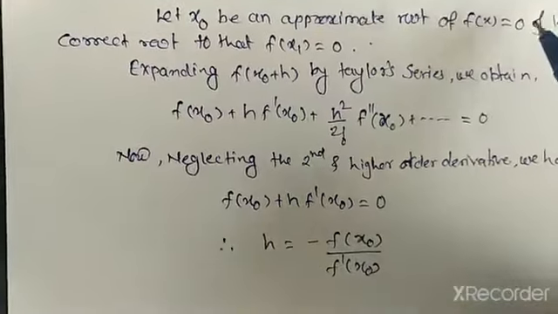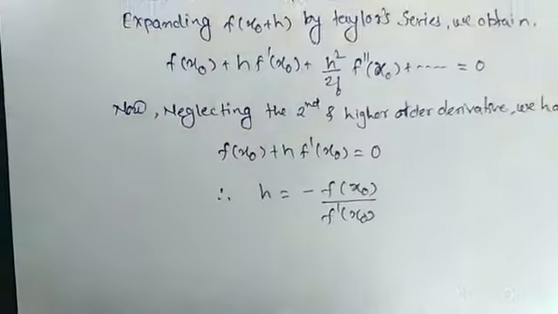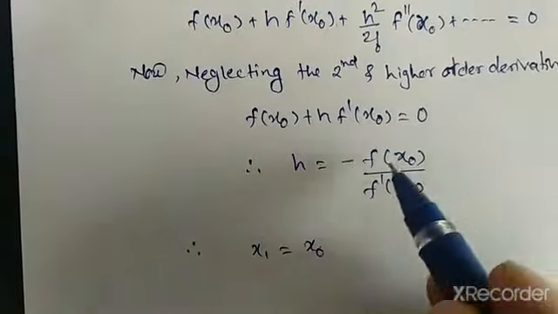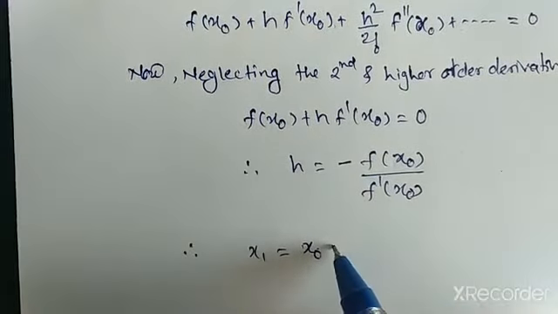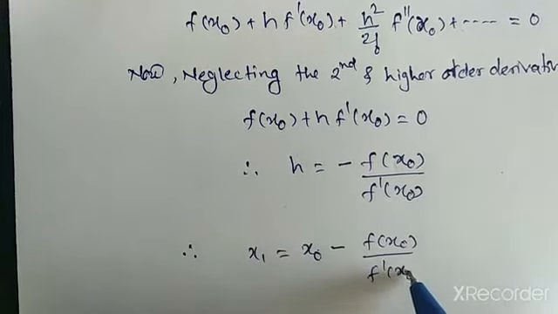As we consider here x1 is equal to x naught plus h, therefore we can write x1 is equal to x naught minus f of x naught upon f dash of x naught.